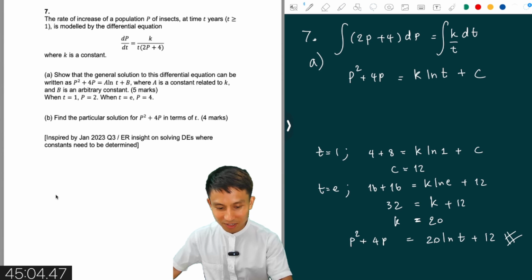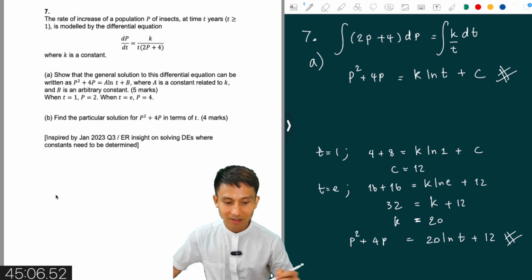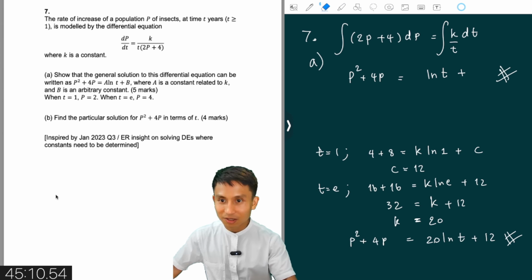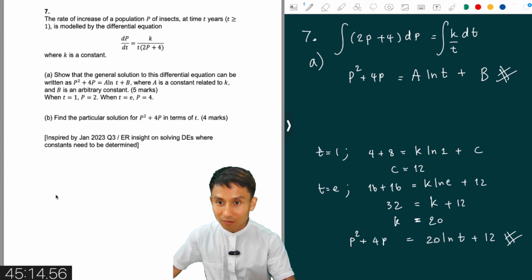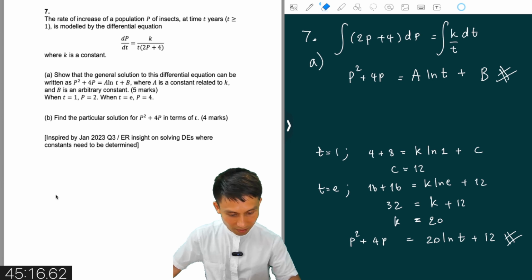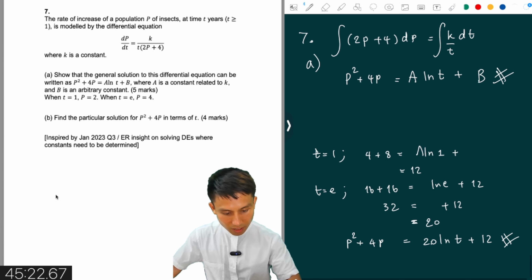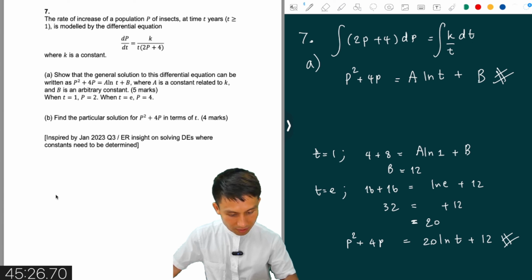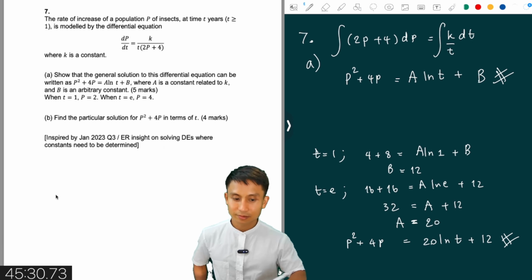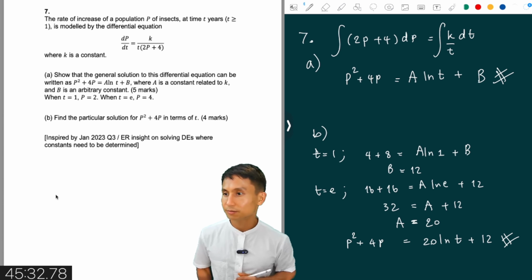So the first part is here, and let me label that as A and B because it wants A and B there. So this is part B.